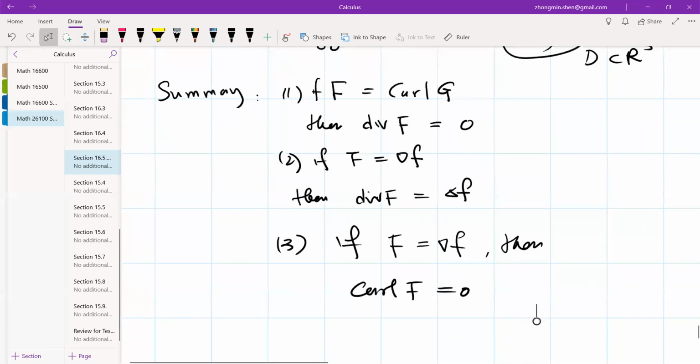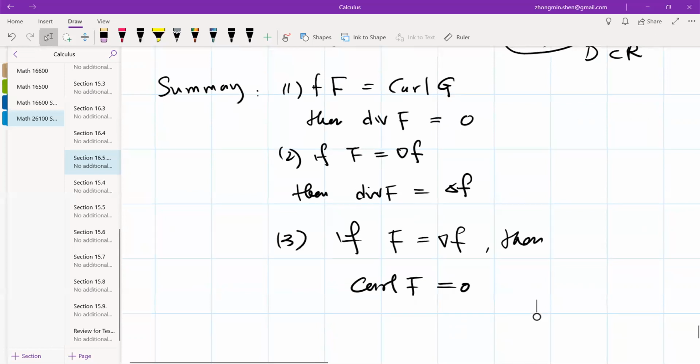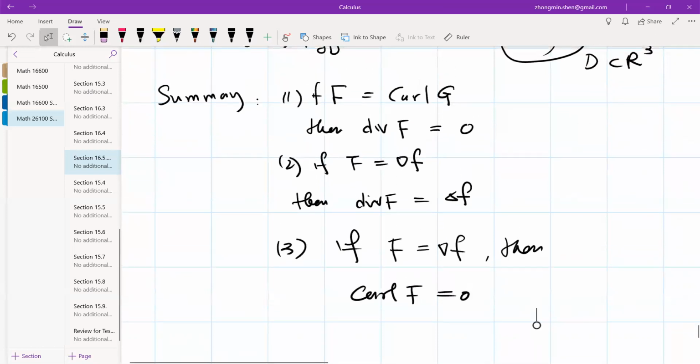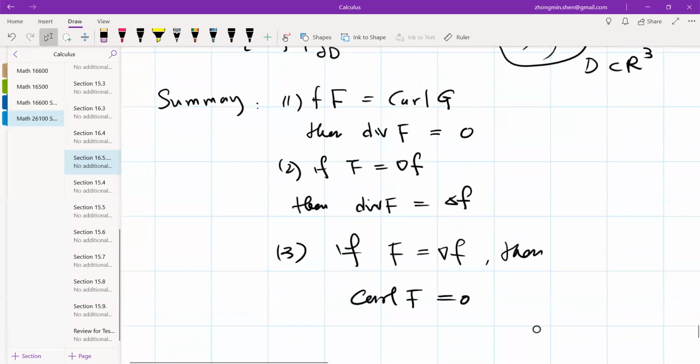So given a vector field, it's possible that it's the gradient of some function, or it could be the curl of another vector field. If it's the curl of a vector field, then the divergence must be 0. If it's the gradient of some function, then the curl of the vector field must be 0.